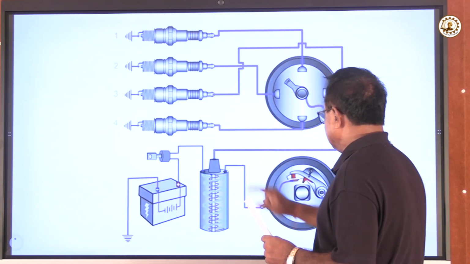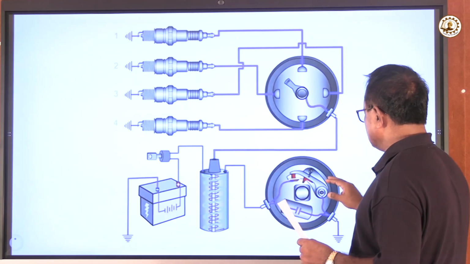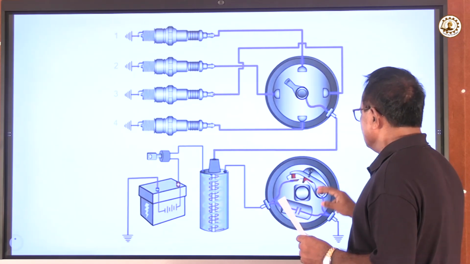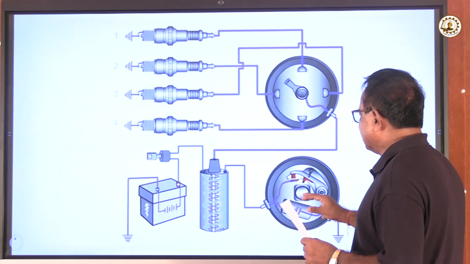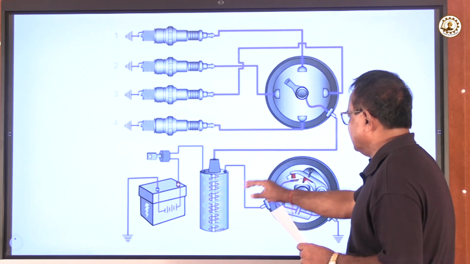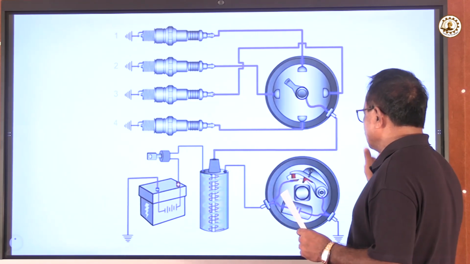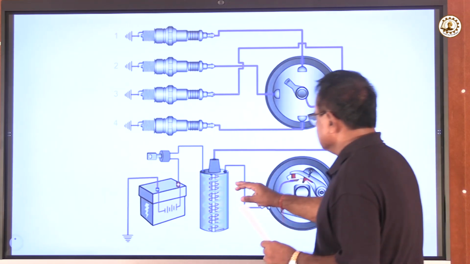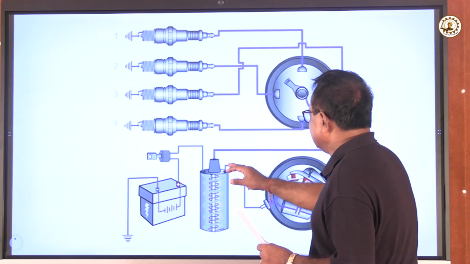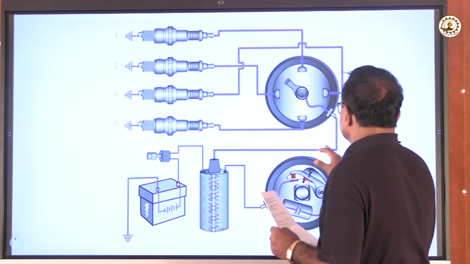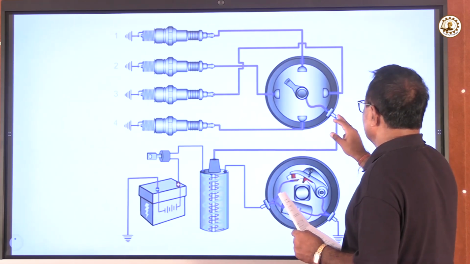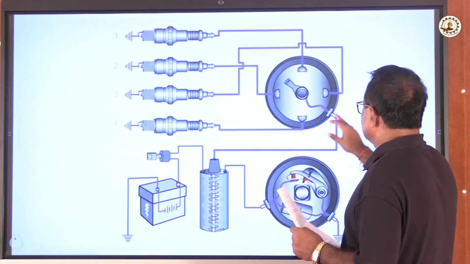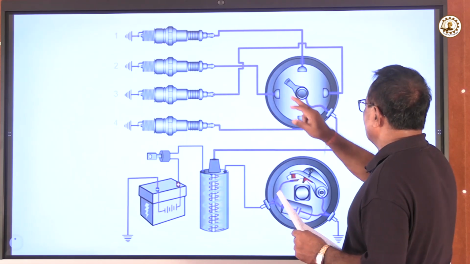So what we do in the cutout, as per the firing order requirement, we engage and disengage the primary coil. When the primary coil is cut out, the induced voltage generated in the secondary coil is 22,000 volt, and that comes to the distributor, and the distributor rotates as per the requirement of the firing order.